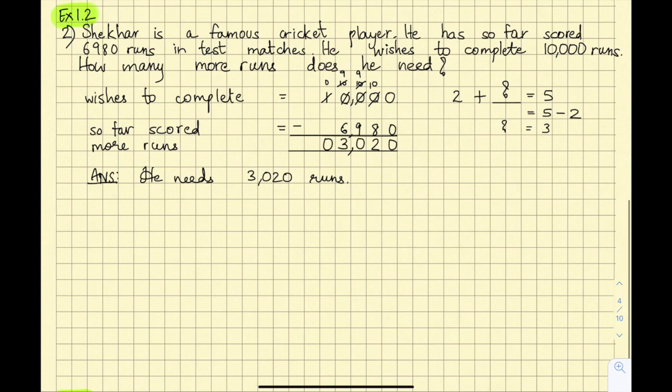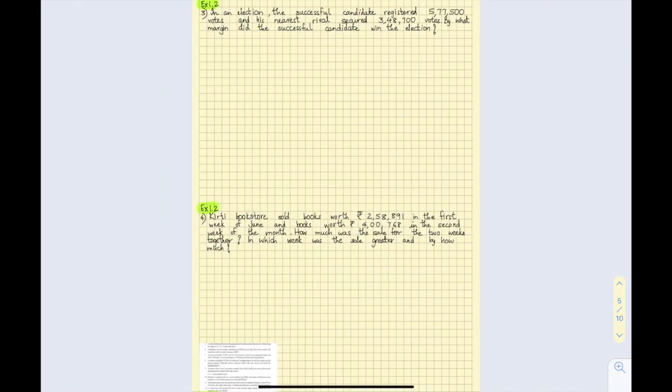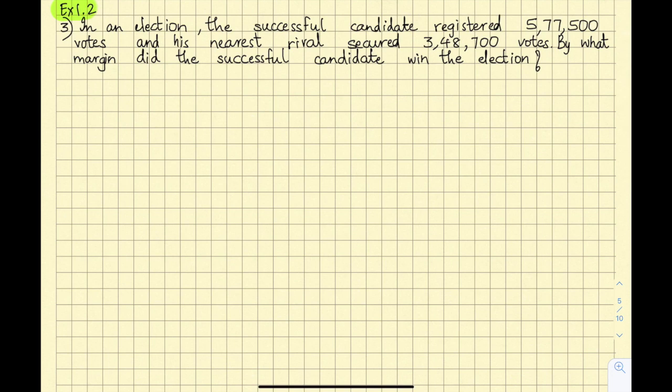Now we move on to the next question, that is sum number 3. In sum number 3 we have: in an election the successful candidate registered 5,77,500 votes and his nearest rival, the competitor, secured 3,48,700 votes.